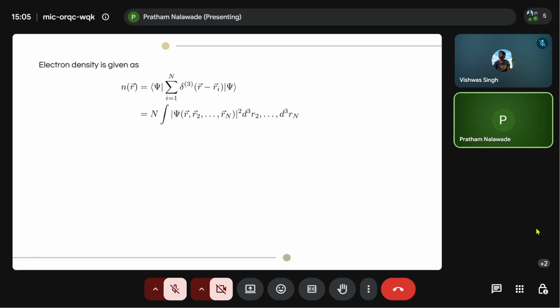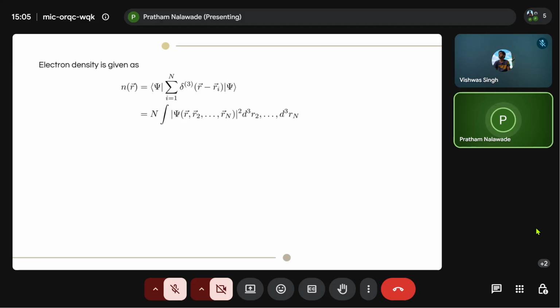So first of all, what is density in quantum mechanics? The definition of the density is as given. When we solve this, we get the following integral.